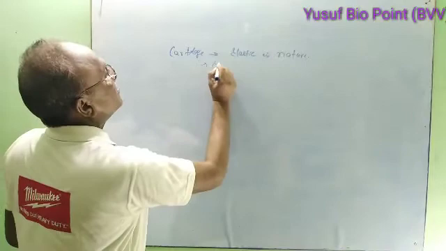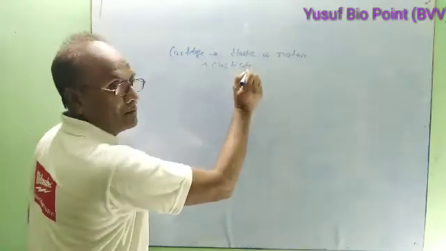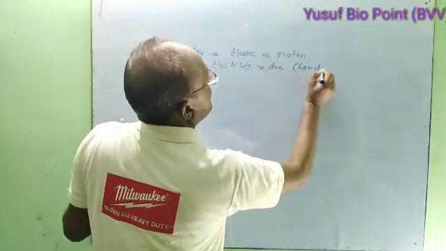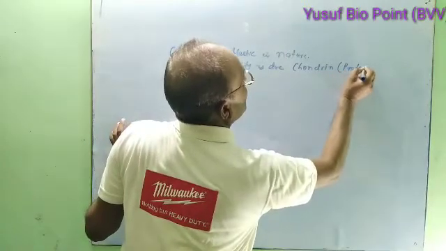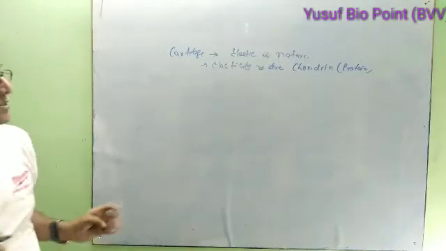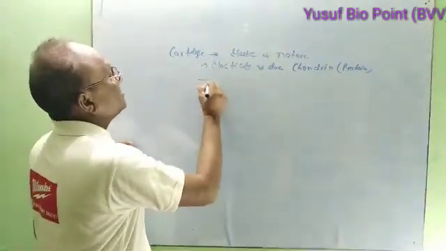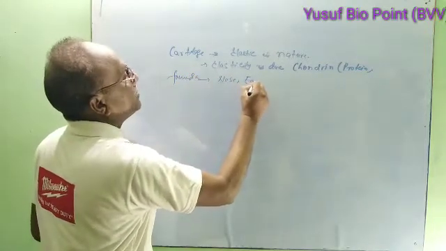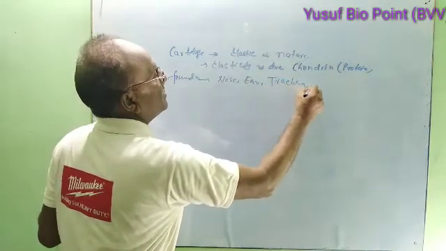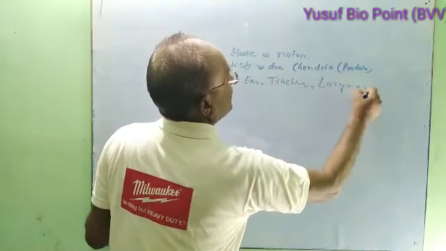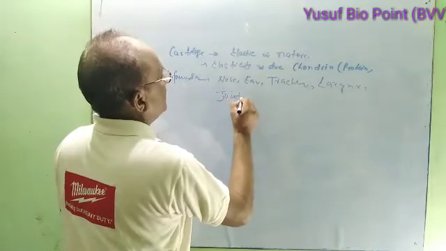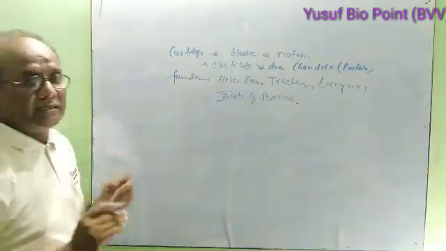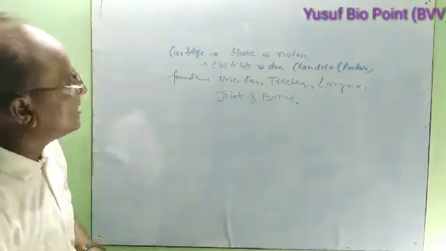This elasticity is due to a protein known as chondrin, found in nose, ear, trachea, larynx, joints of bones, and due to being elastic in nature, it gives the elasticity and also helps in joining the bones.